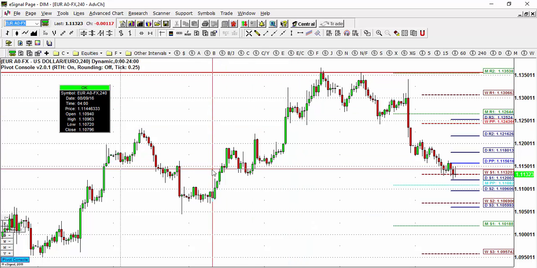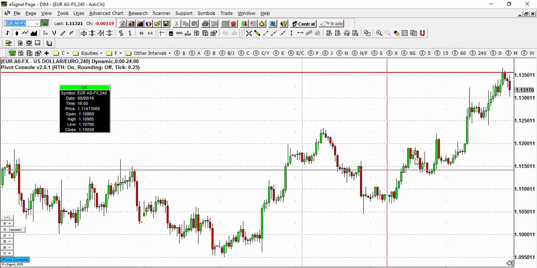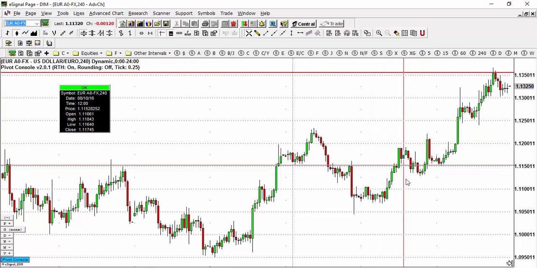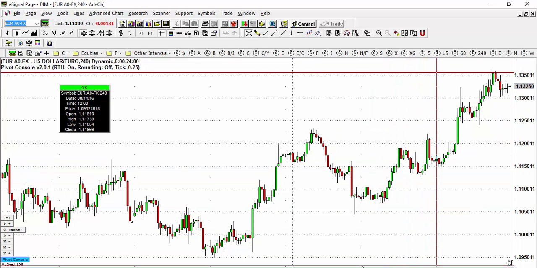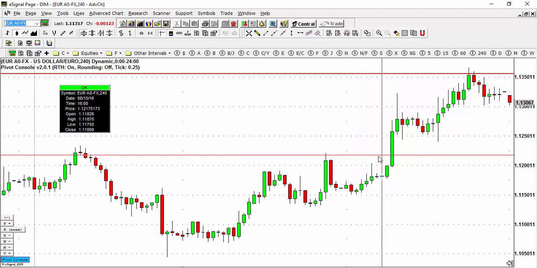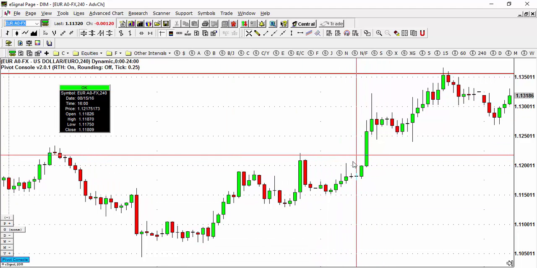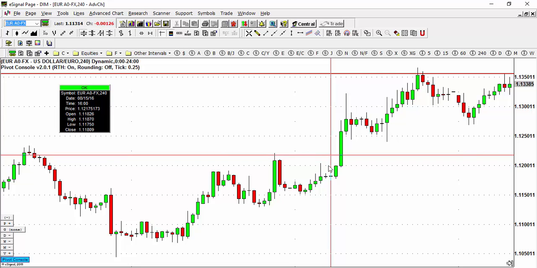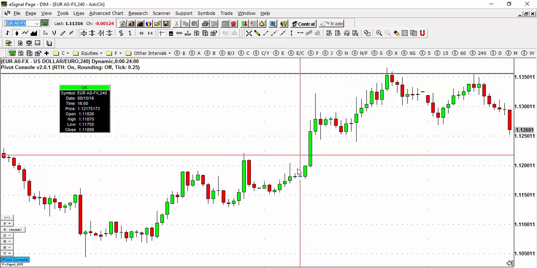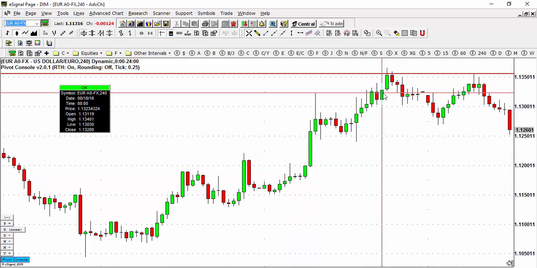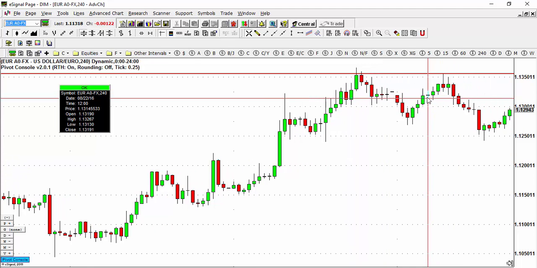This red line denotes the pivot point, and as you can see, the market went up to the monthly R2 pivot point level, and essentially that pivot point acted as significant resistance. We got a sell signal. The market traded below here. We saw a sell signal, and the market has been moving down ever since.